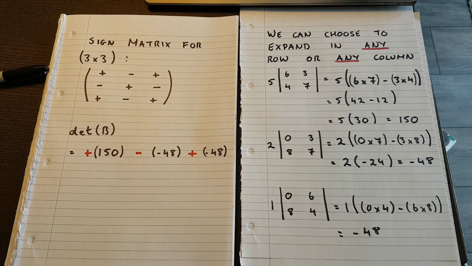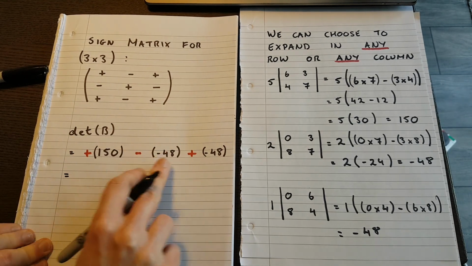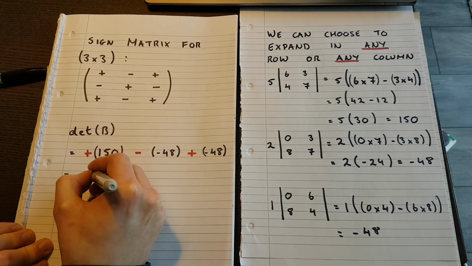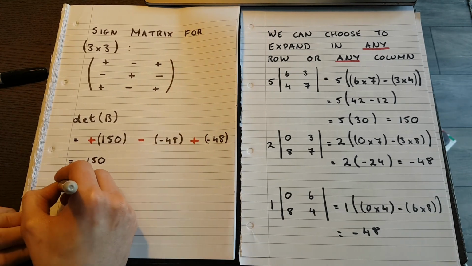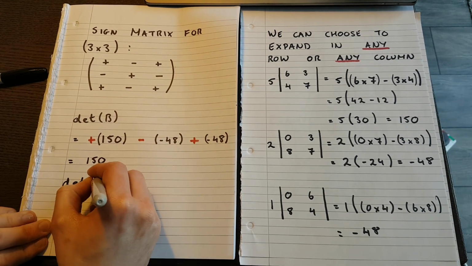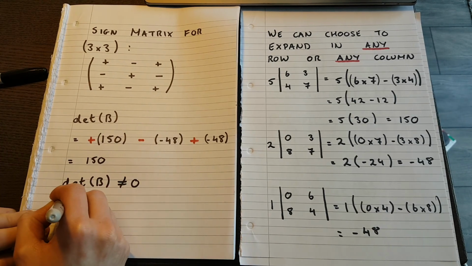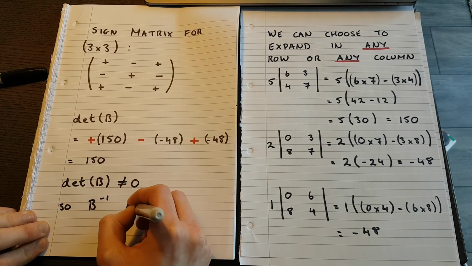That's my answer, and the total is 150, because minus by minus gives plus. It's a pretty big number, but 150 is not so big that we can't work with it. The really important thing is that the determinant of B is not equal to 0, so B inverse exists.